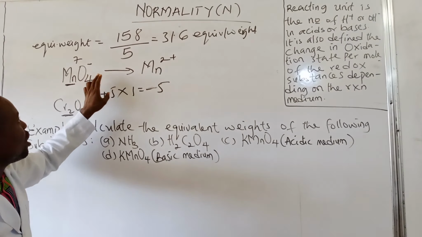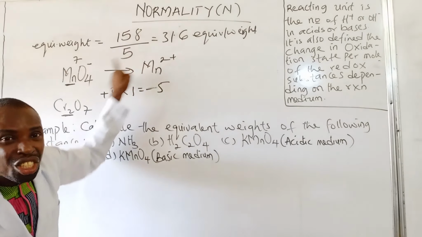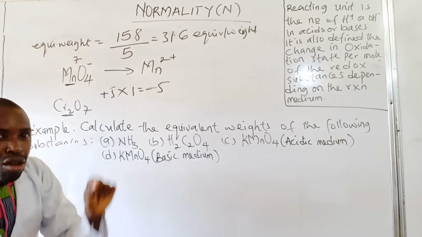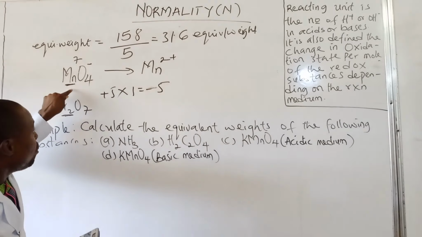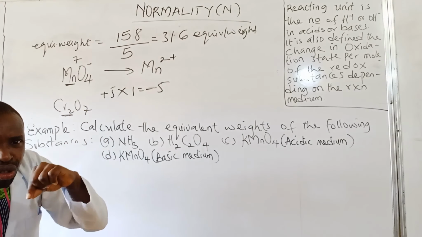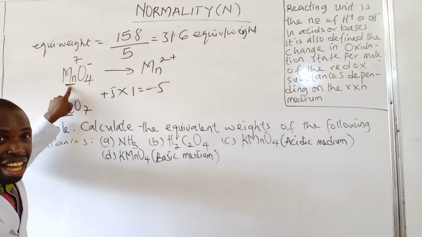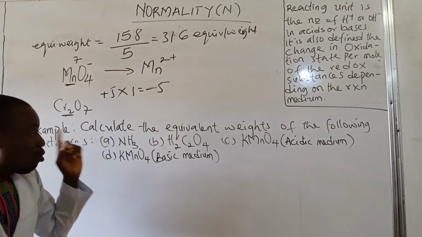The change here is from +7 to +2. The change is +5. Multiply it by the number of the species that is being reduced, which is manganese here, and that one you have here is 1. So times it by 1. That is how we got it.